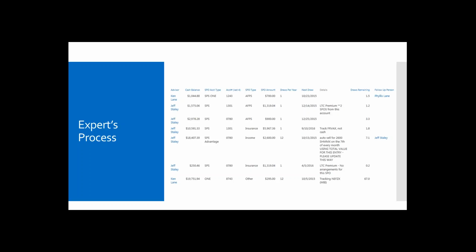There's a fund, FRVAX, that it's coming out of, and it looks like we have a little less than two draws left. So in that case, do you then go to your case managers and say, hey, we're getting low in this fund, and then they take it from there?